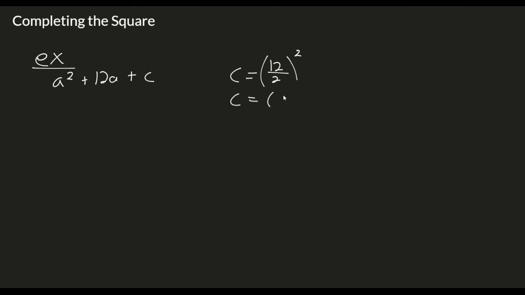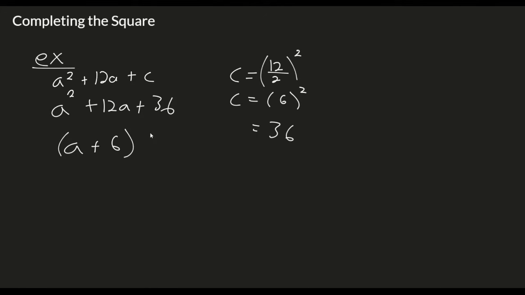That's equal to 6 squared, which gives us 36. So I'm going to finish up my expression, and I get a squared plus 12a plus 36. This splits up nicely into a plus 6, a plus 6. Compact those values, a plus 6, the quantity squared. And that's it.